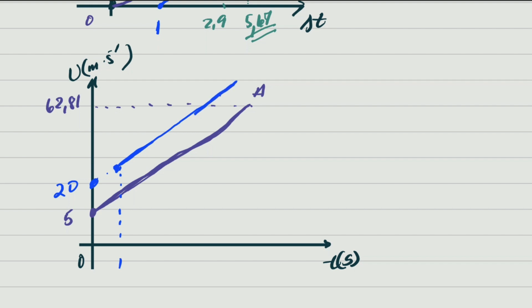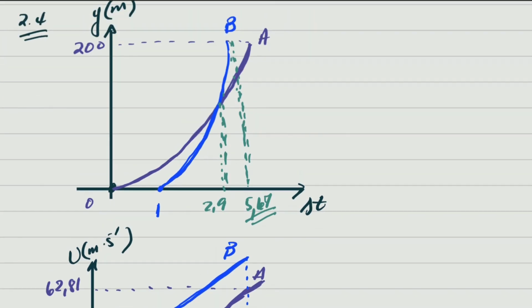This is graph B. Now what happened at this specific point here? The time for stone B, which is not the same as A, because this is the total time, A must be extended a little bit more, is going to be 5.67 seconds.